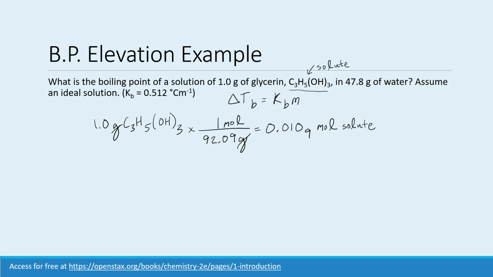Okay, and then we can take the grams of water, the grams of our solvent, convert that into kilograms. Okay, and so that's going to be 0.0478 kilograms. So remember that just means moving that decimal place over 3 places.